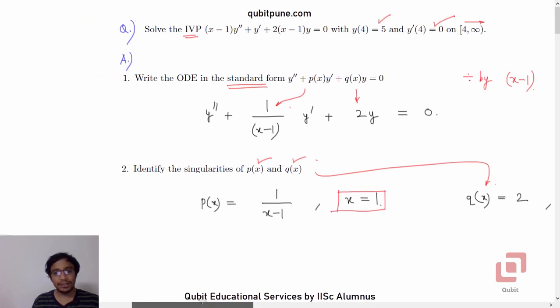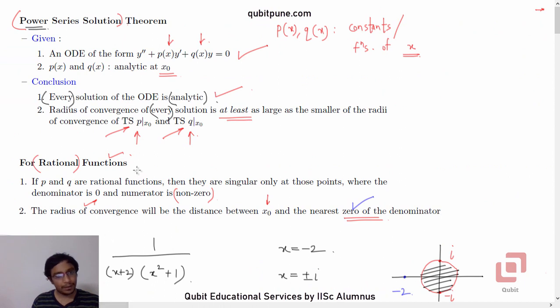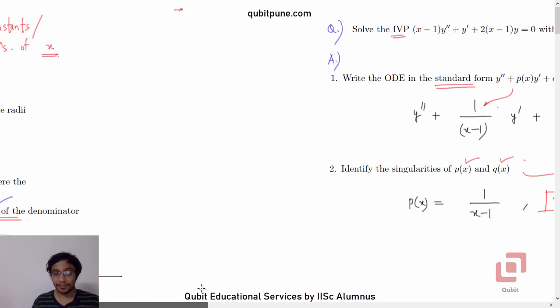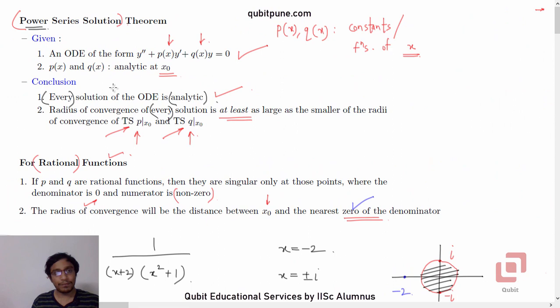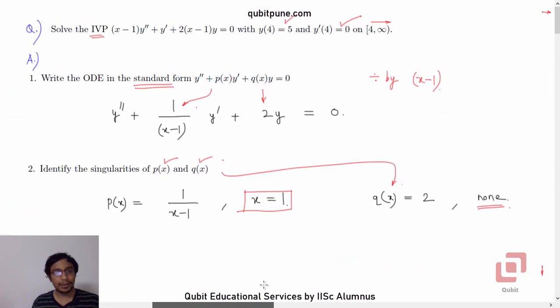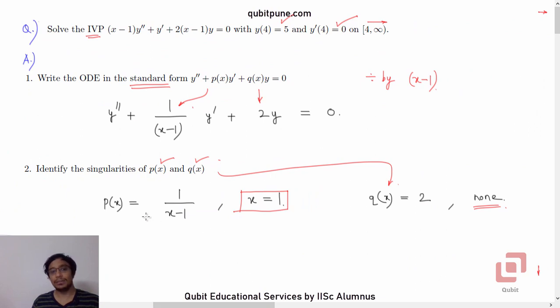So if we wish to apply the theorem, we cannot choose the point of expansion to be 1, because for the validity of the theorem, both p and q should be analytic at x0. But here in this example, the first function p is not analytic at x equal to 1. So we cannot choose the center to be 1.